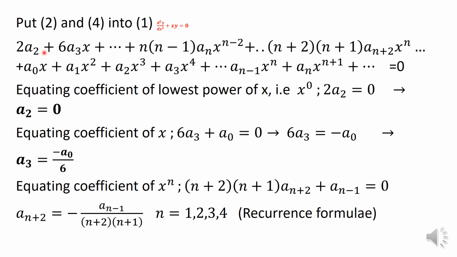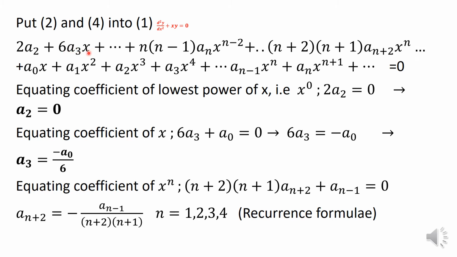The coefficient of x⁰ is 2a2, so 2a2 = 0, which implies a2 = 0, because 2 goes to the other side. Similarly, now the next coefficient we can compare, because this was x⁰. So the next will be x naturally. You can see here 6a3x.